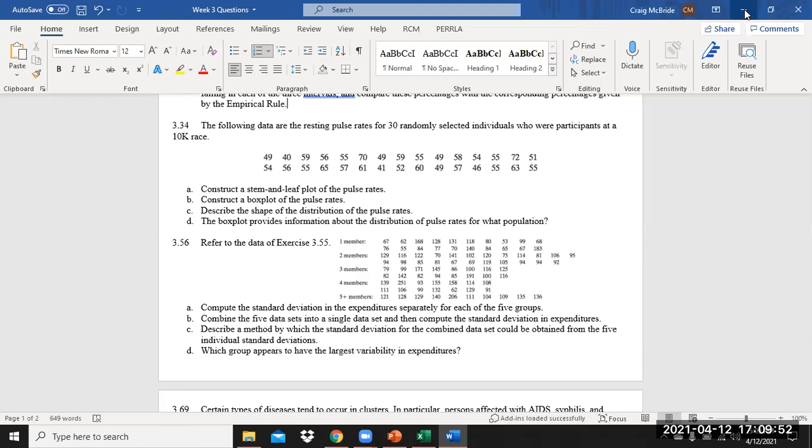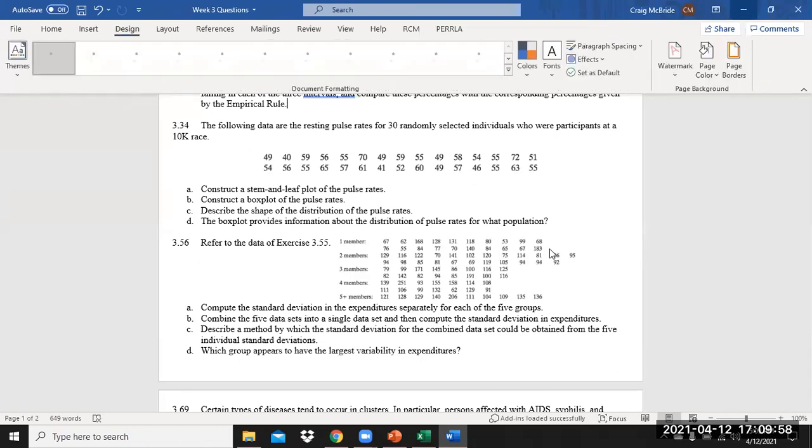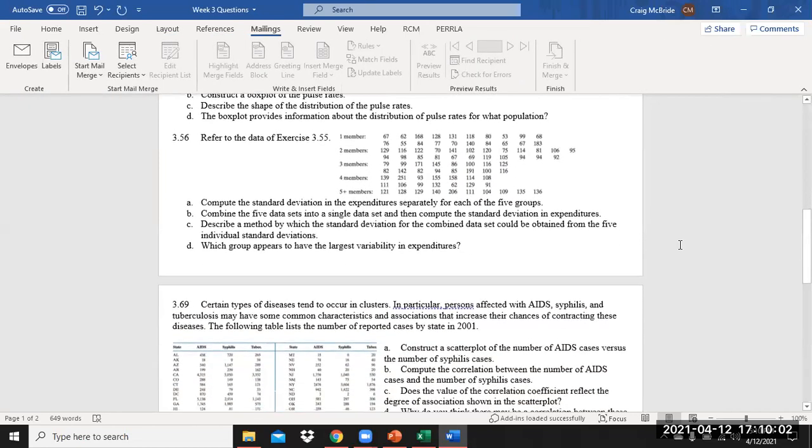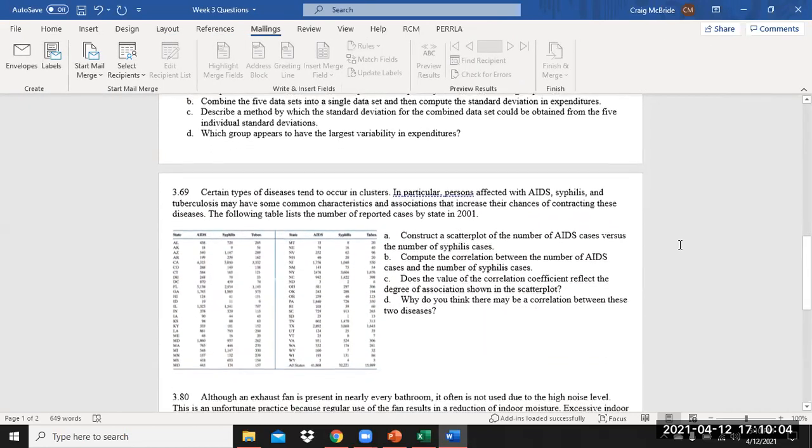Okay, what else? Can you discuss 3.69b? Sure. I went through it and it just doesn't look great to me. Well, it should be a pretty crappy correlation. It should look pretty much, well, let me see.